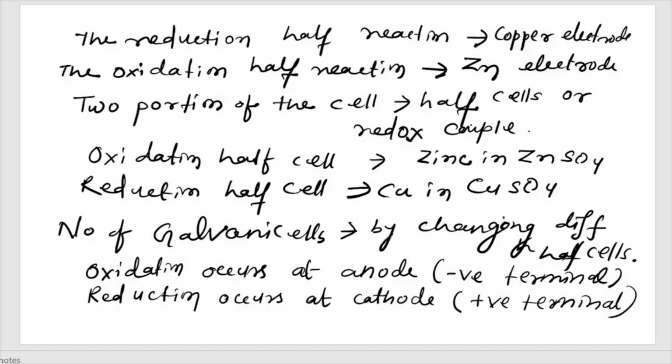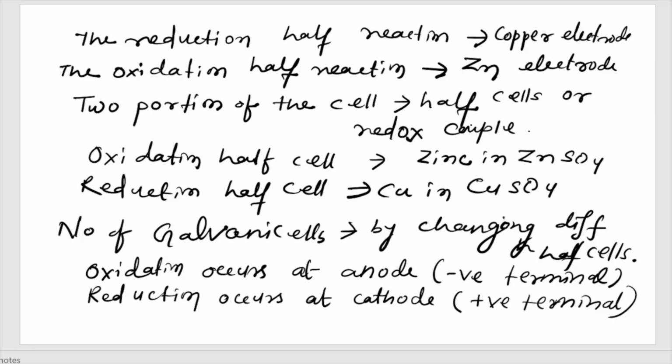Number of galvanic cells. How can you say how many galvanic cells there are? It is your choice. By changing different half cells, you can make so many galvanic cells. But remember, oxidation occurs at the anode, which is called the negative terminal. Reduction occurs at the cathode, which is called the positive terminal.